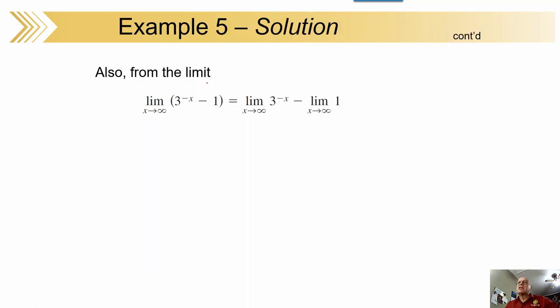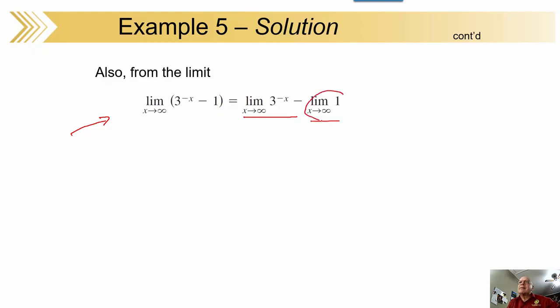Now for the limit. If you want to get the limit, remember, one of the properties is you can split these two: the limit of 3 to the minus x and the limit of 1.